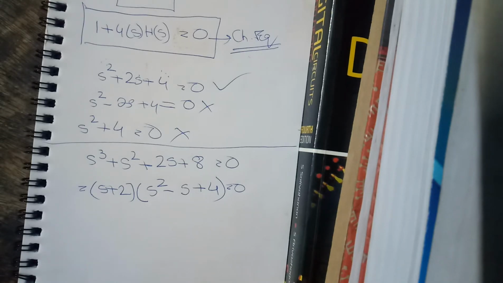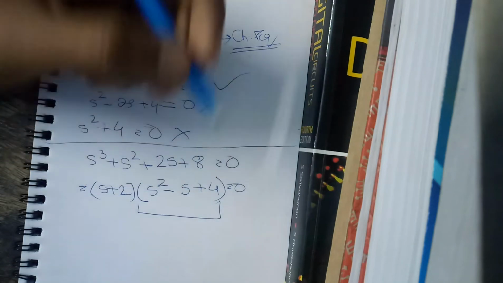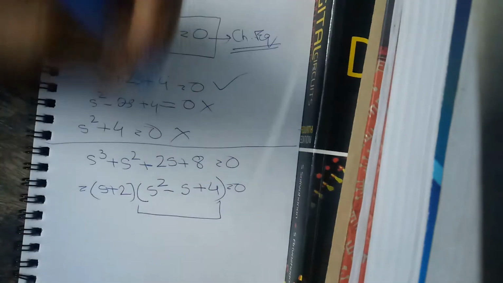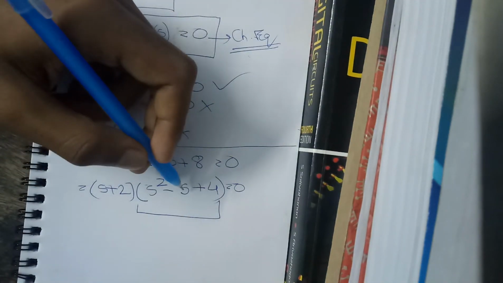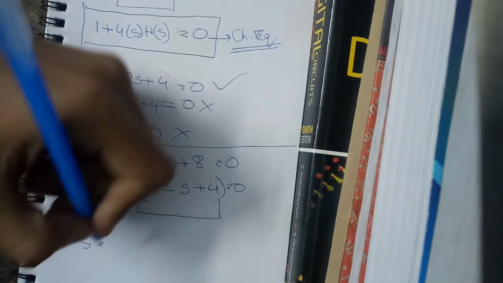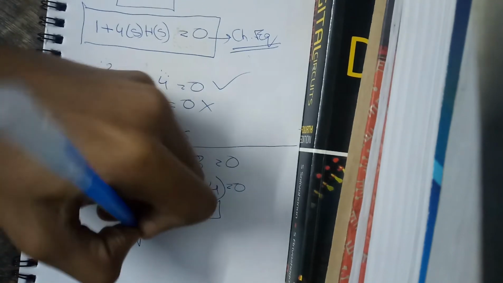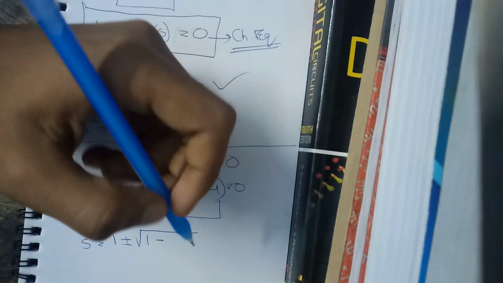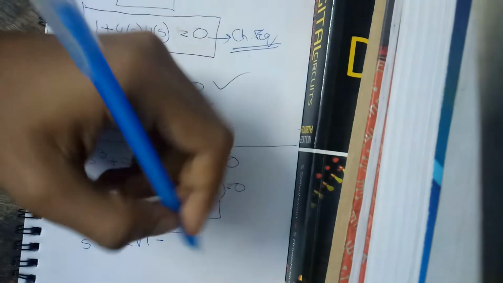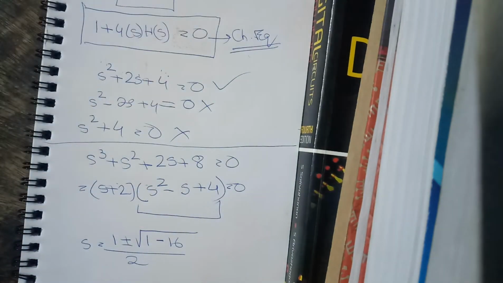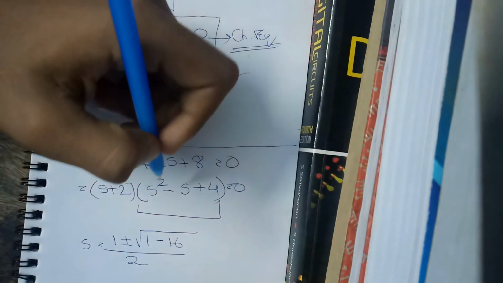That will give me two values of s if we solve it. Let us solve for the two values of s and find out. So this gives me s is equal to minus b, that is 1, plus minus root over b square, that is minus 1 square, minus 4ac, that is 4 into 4, 16, by 2a, that is 2 into 1, a is 1.